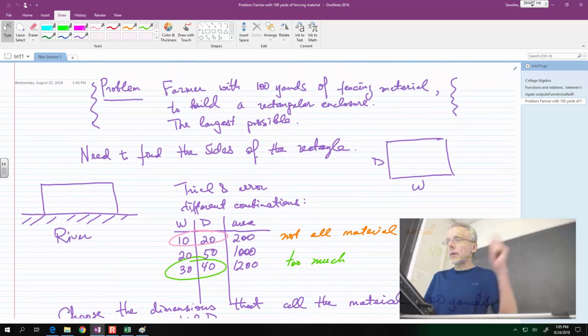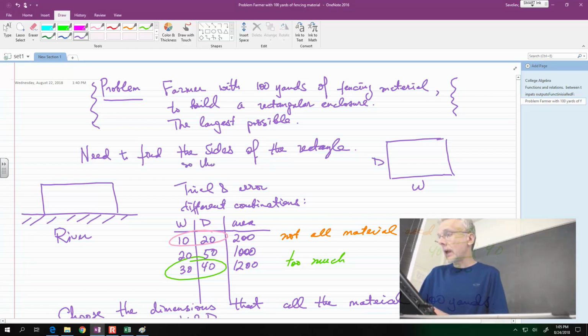We started with a problem as written above. We have 100 yards of fencing material. We want to build a rectangular enclosure that is the largest possible. And if we try to put it in more concrete terms, we want to find the sides of the rectangle so that its area is the largest.